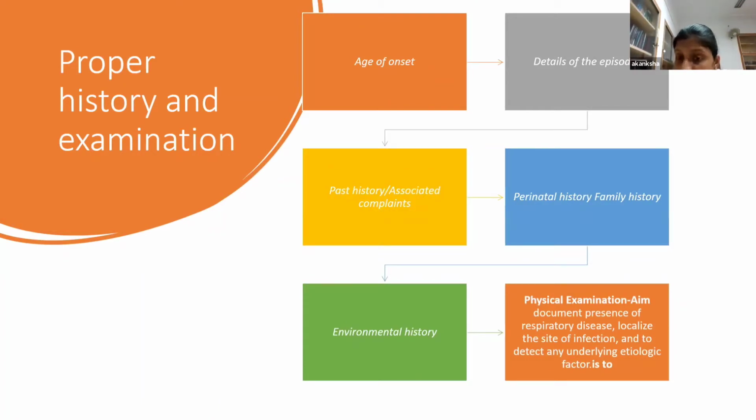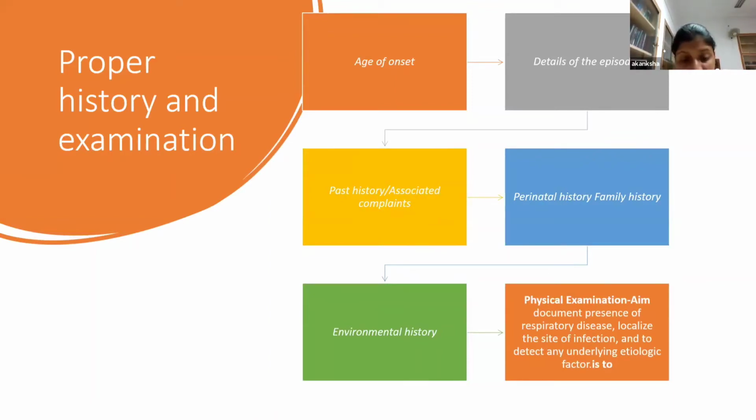We should ask whether the patient was term delivered or preterm delivered, and history of prolonged intubation should always be taken, because preterm delivery and prolonged intubation is a pointer towards bronchopulmonary dysplasia. Family history of tuberculosis should be taken. Family history suggestive of any underlying immunodeficiency disorder should also be taken.